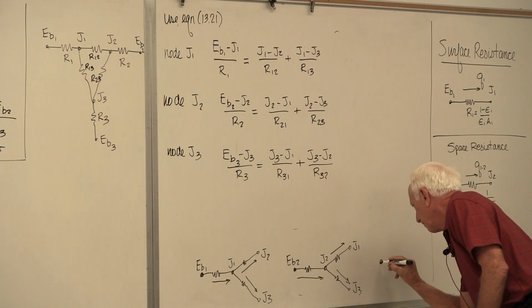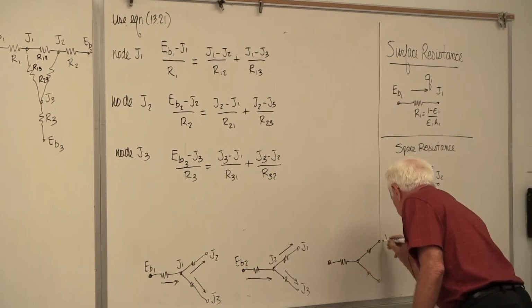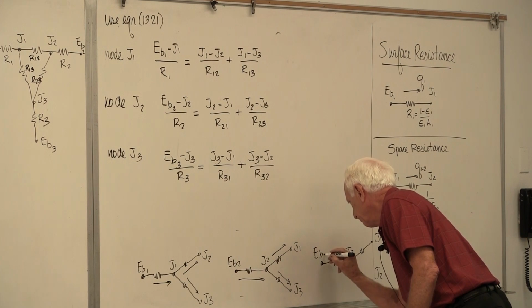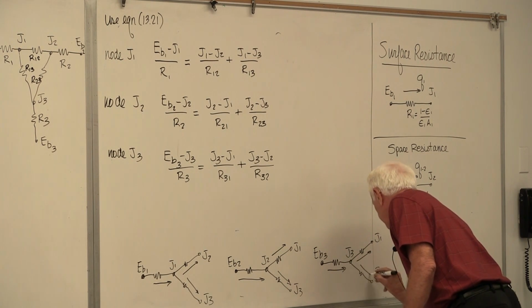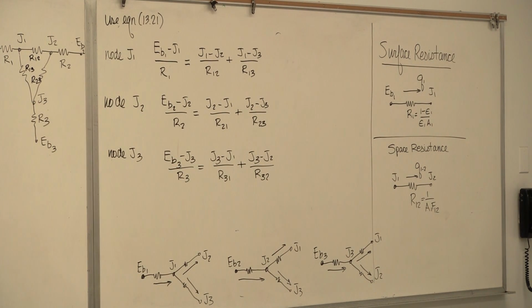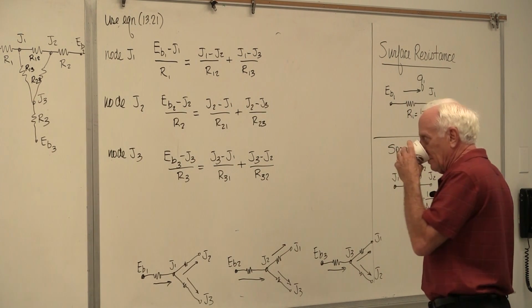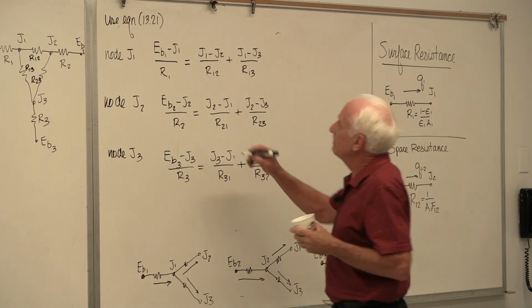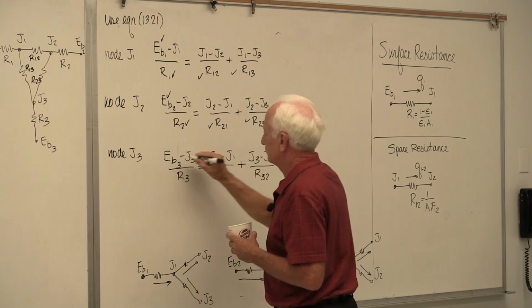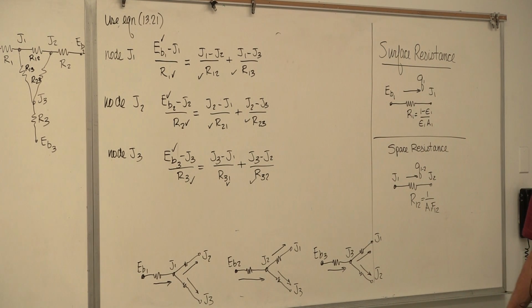Here's a picture. Put a check mark by everything you know. What's left? Solve for it. Okay, J1, J2, and J3.